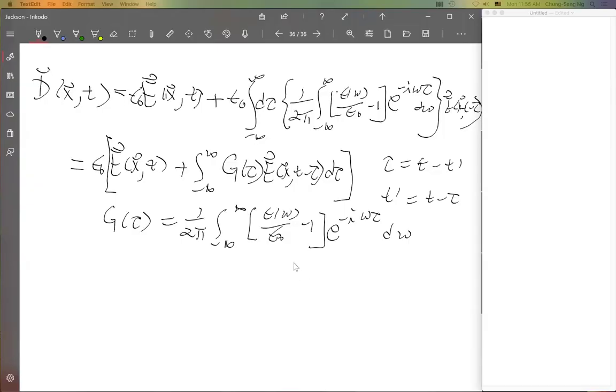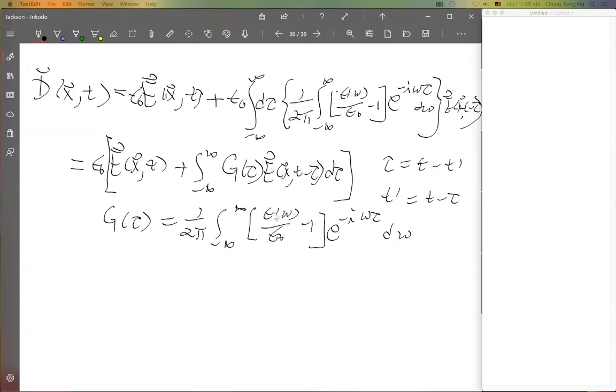Any questions up to here, this derivation? Anyone have a question? No? Then let's do a simple illustration. Take the previous situation, like electrostatics, where epsilon is just a constant.